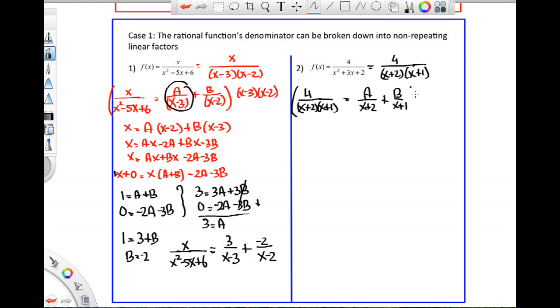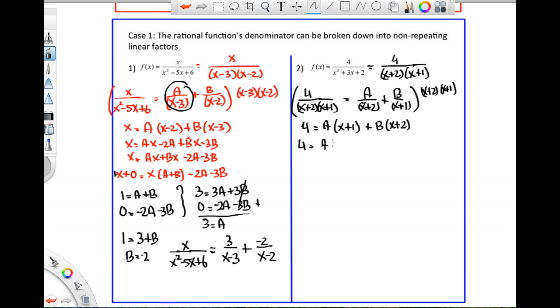Again, you multiply by the common denominator, so we're going to multiply everything by x plus 2, x plus 1. That cancels completely over on the left. On the right, you get a times the x plus 2 cancels, so that leaves you with an x plus 1. And then b times the x plus 1 cancels, so you get an x plus 2.